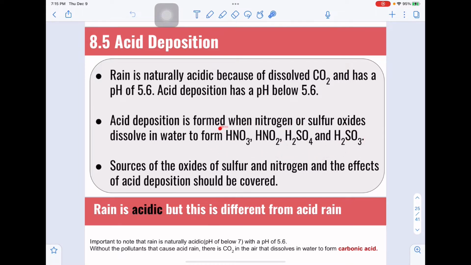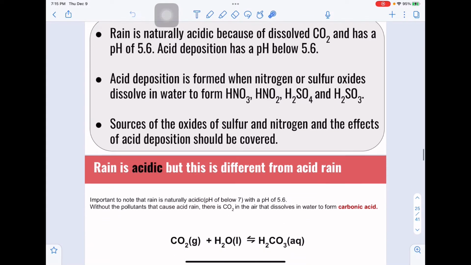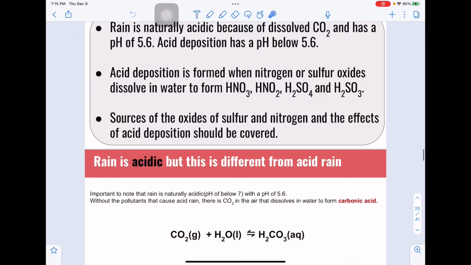Some are more common than others, like sulfuric acid here and nitric acid there. But we have less oxidized ones too, like nitrous and sulfurous acids. And the other part is sources of the oxides of sulfur and nitrogen. We should cover their effects in this.